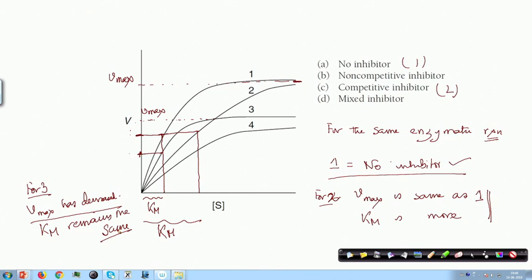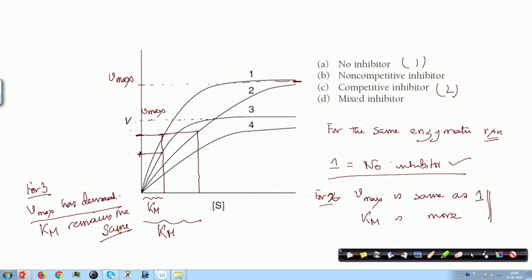Substrate binds to its active pocket and the inhibitor goes and binds to another pocket. So, there is no sequence of binding, it may be substrate first followed by inhibitor, or it could be inhibitor first followed by substrate. That is what is called the non-competitive inhibitor. They are not competing at all.